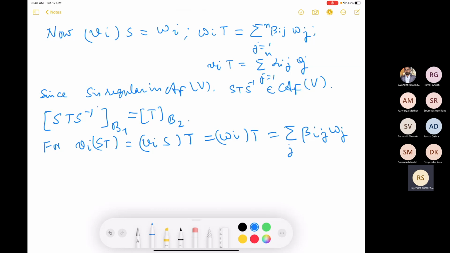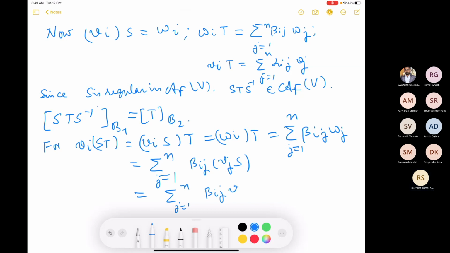So this is the sum over j from 1 to n, where W_j is V_j S, so beta_ij V_j S. This is the same as the summation j equal to 1 to n of beta_ij V_j, because S is a linear transformation.